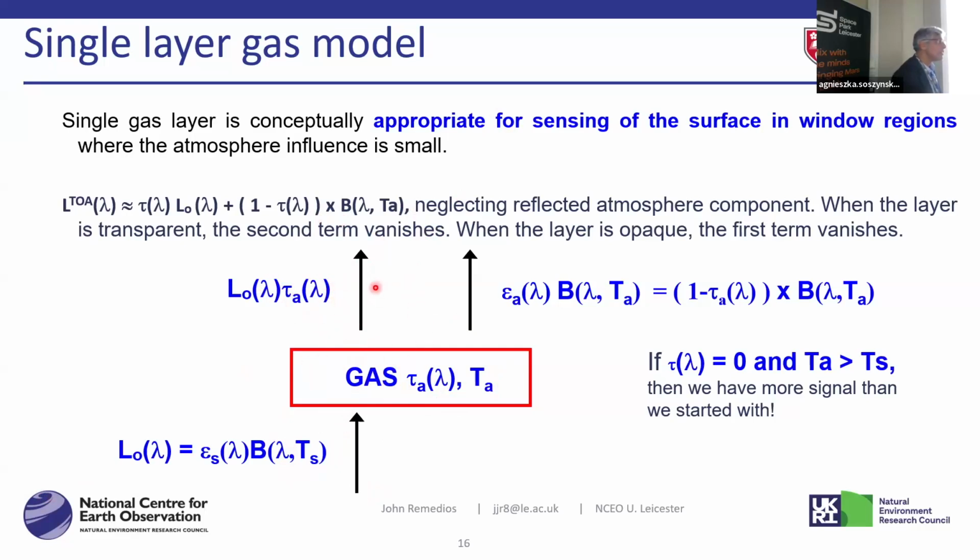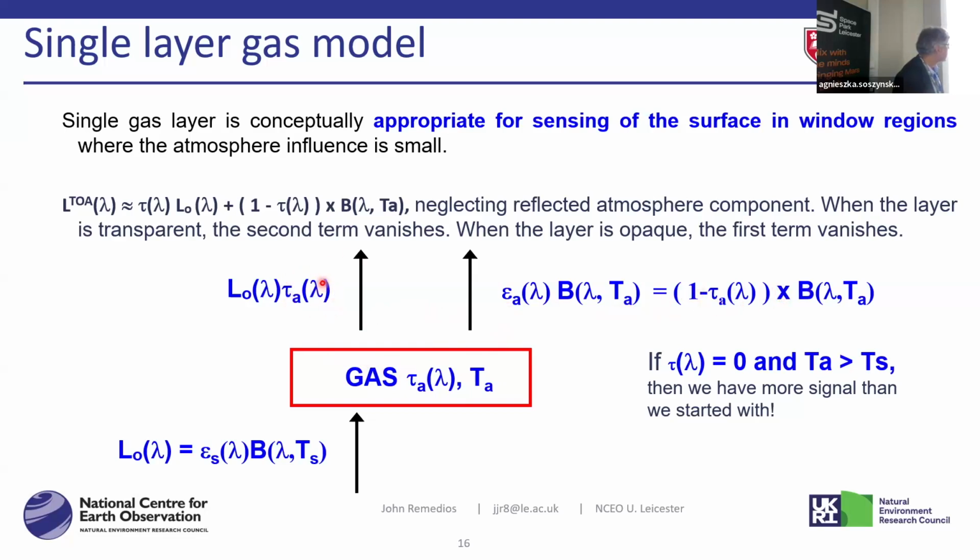But in reality, we can actually get some more signal because this gas has a temperature itself. And the bit I love about this is that you have an extra term. As soon as we go through one layer of gas, we add in another term, which is to do with the temperature of the gas in this atmosphere and the emissivity of the gas, which is related to that absorption property, and is related to transmission. So this is the simpler expression of it.